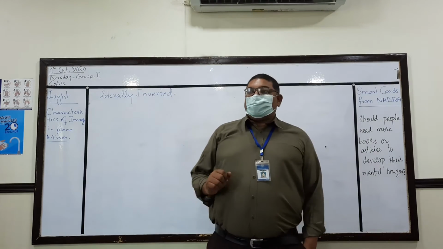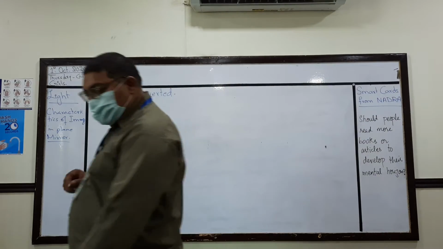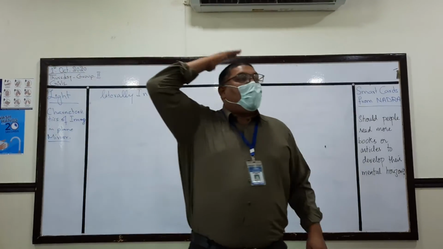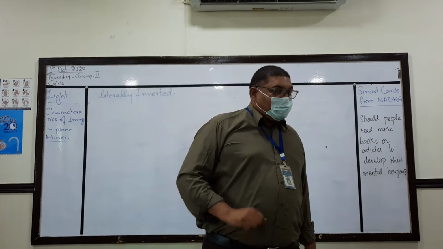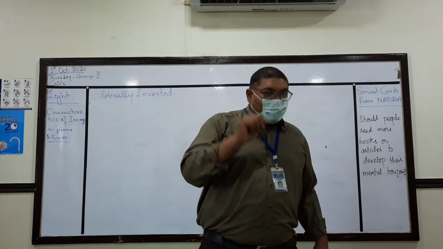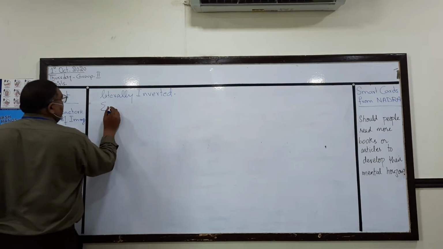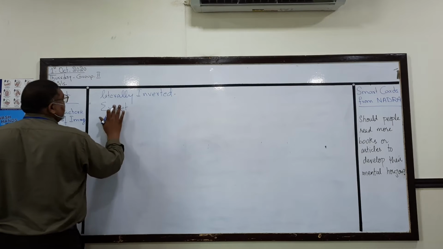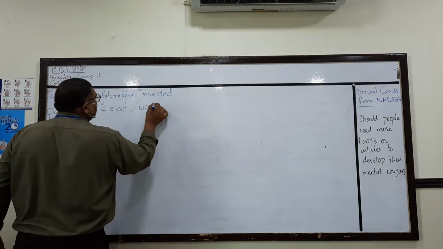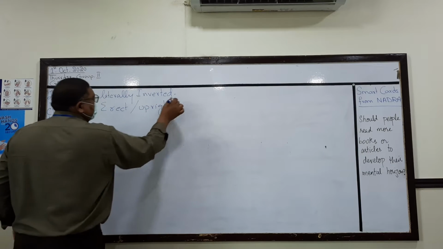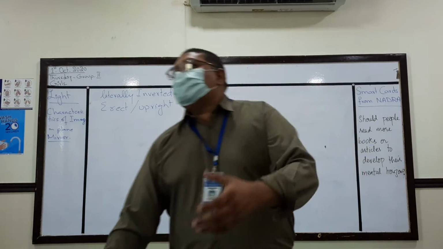It means that the up of the object and the up of the image is the same. We call it that the image is erect. The image is erect, or we say the image is upright.